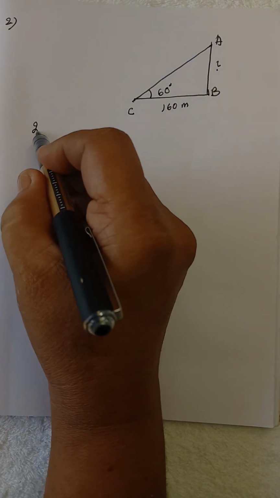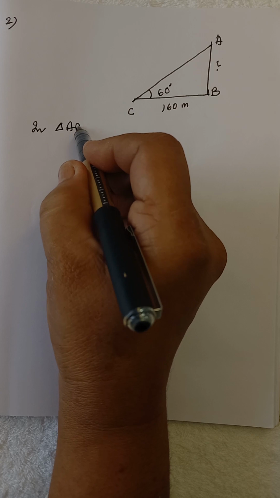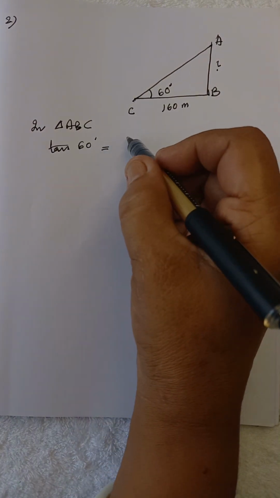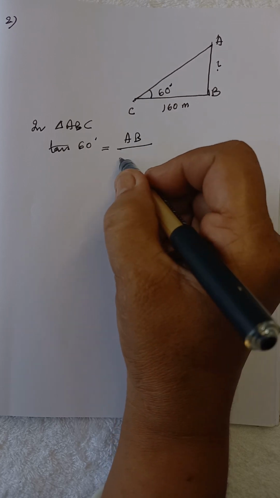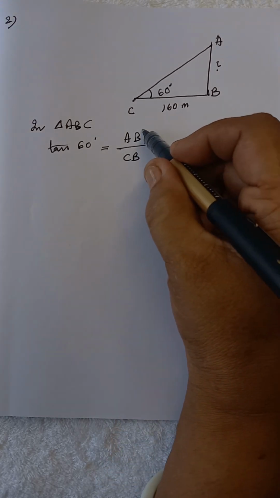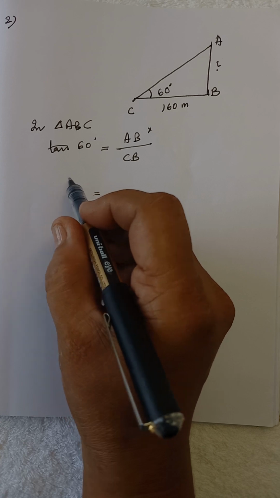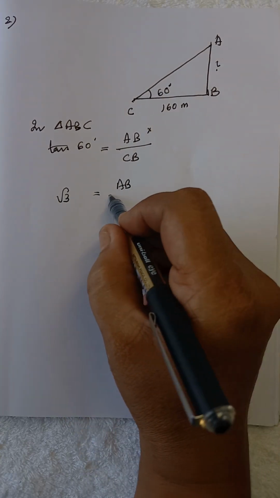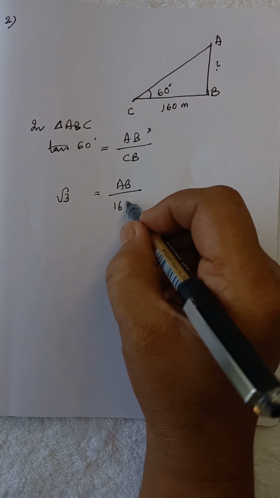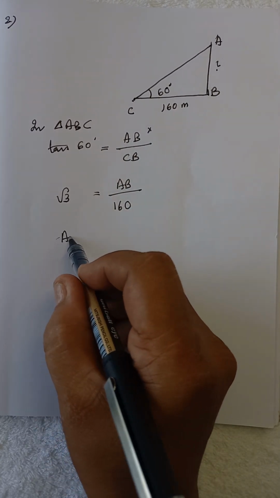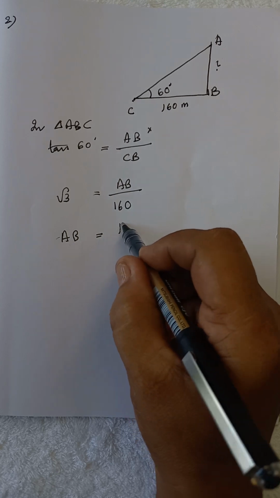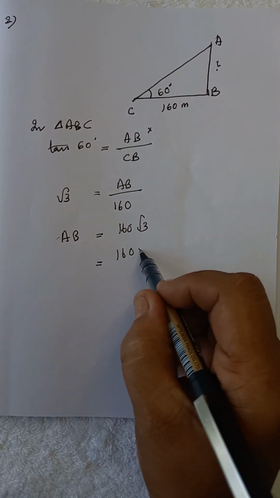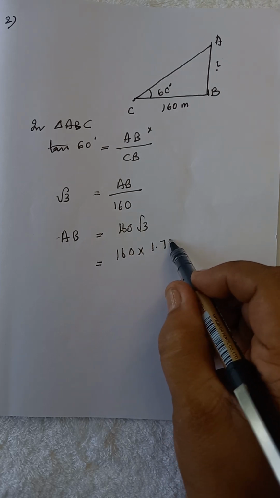We can write in triangle ABC, tan 60 degree is equal to opposite side AB by CB. AB we don't know, the other two we know. Tan 60, that is root 3, is equal to AB by CB, that is given as 160 meter. So what is AB? On cross multiplying we get 160 root 3, that is equal to 160 into the value of root 3, that is 1.732.